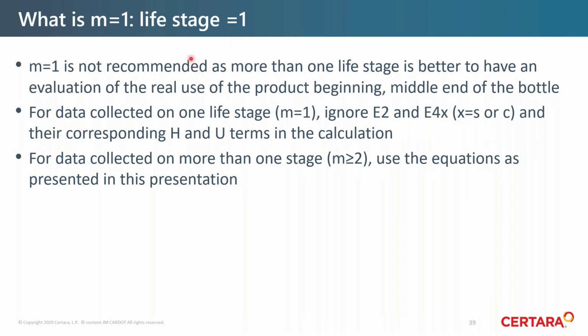But very often it's going to be rare, because when you have this type of data of nasal product or inhaled product, very often you are going to make it at beginning and end of life at least, and sometimes beginning, middle, and end of life. For the data collected from more than one stage, you are going to use the equations which are described just before. So the fact to have m equal to 1 is not a problem, because that can lead to calculations which are correct.